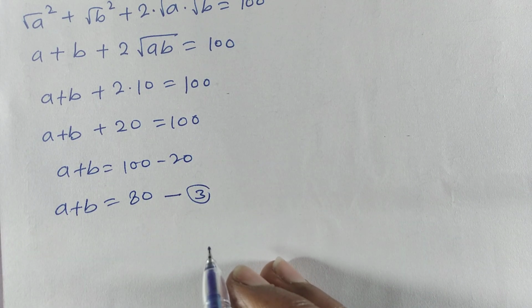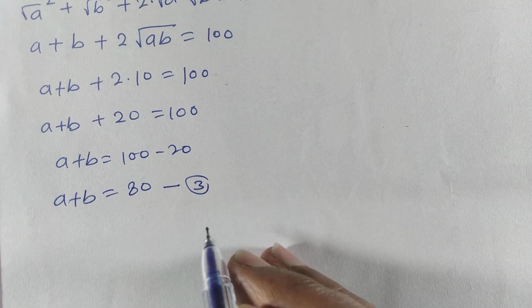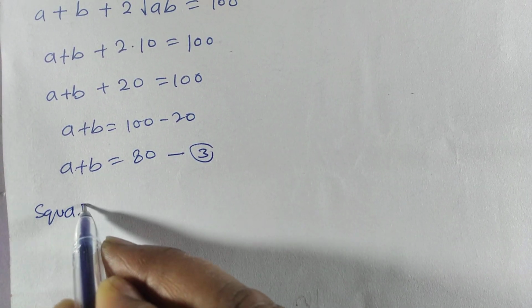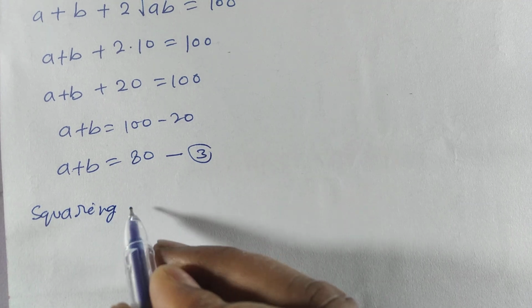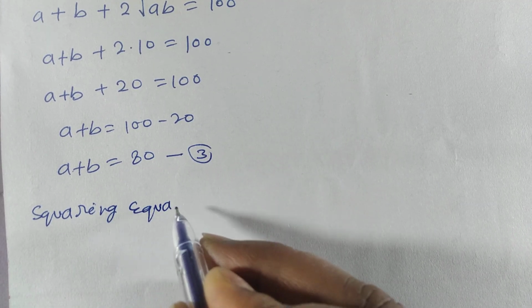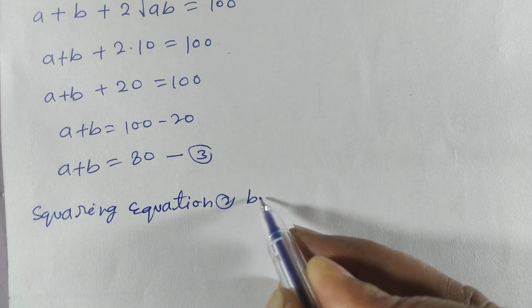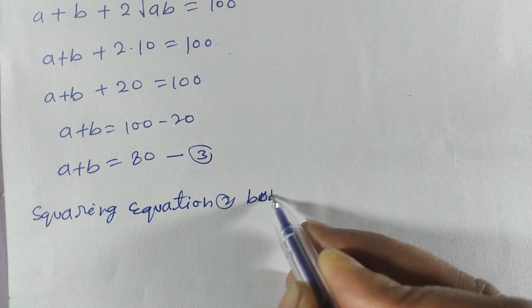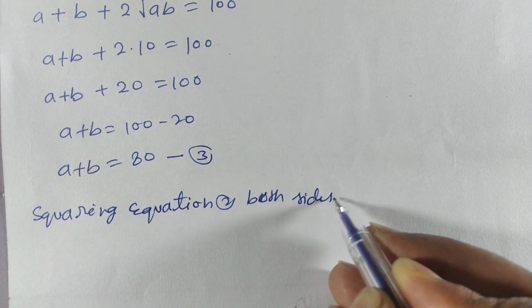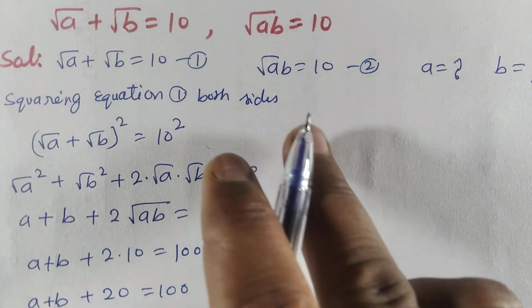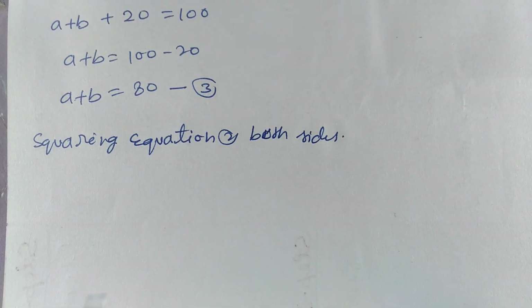Squaring both the sides of equation number 2. Equation number 2 is square root of ab is equal to 10.